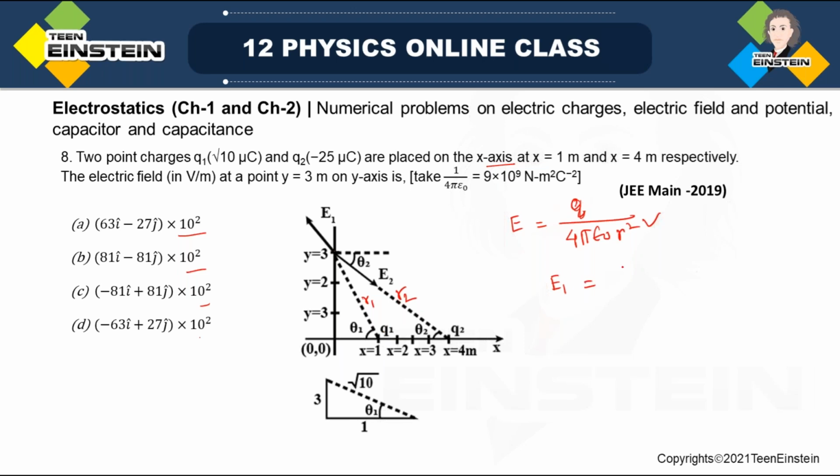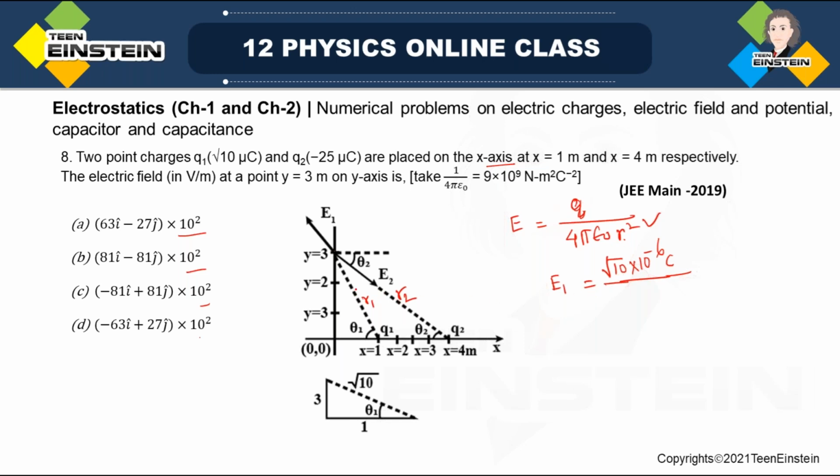The magnitude is Q1 by 4 pi epsilon naught r square. What is Q1? Q1 is given as 10 microcoulomb. I am writing it as 10 to the power minus 6 coulomb, by 4 pi epsilon naught r square. Here it will be r1 square.